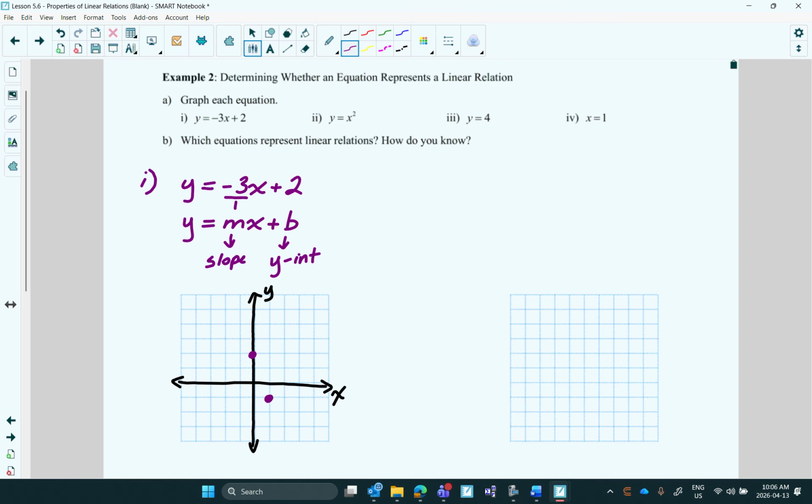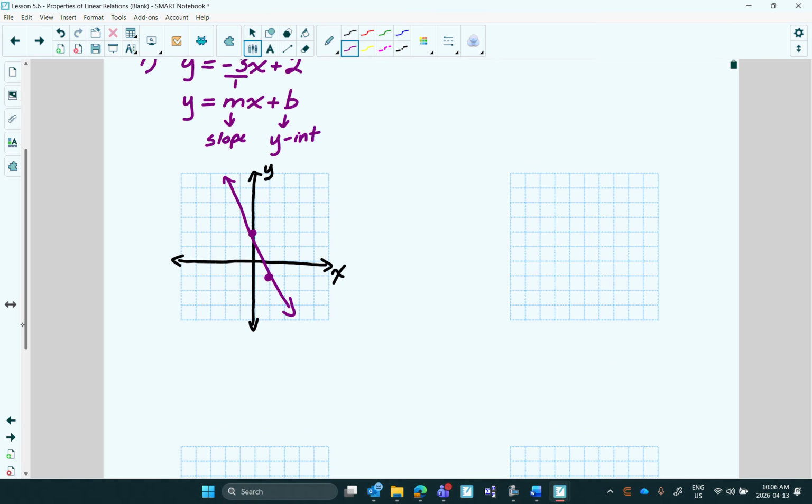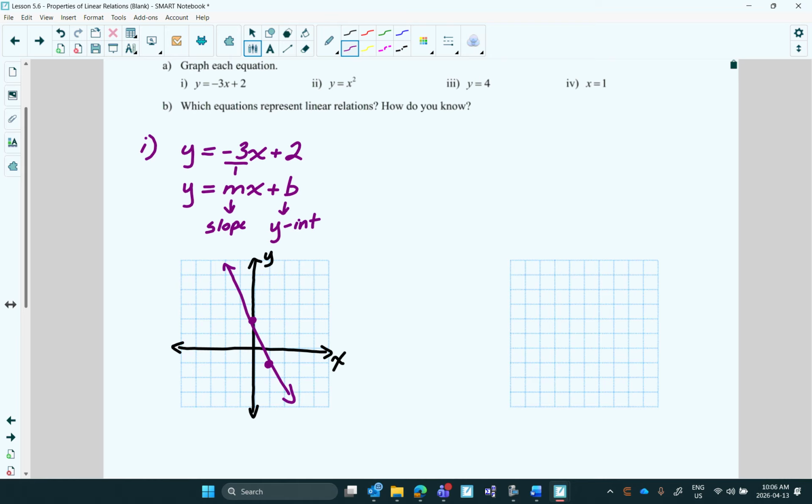And there's your second point. And that's its drawing. Linear or not? Yeah, because it's a line. Looks linear.